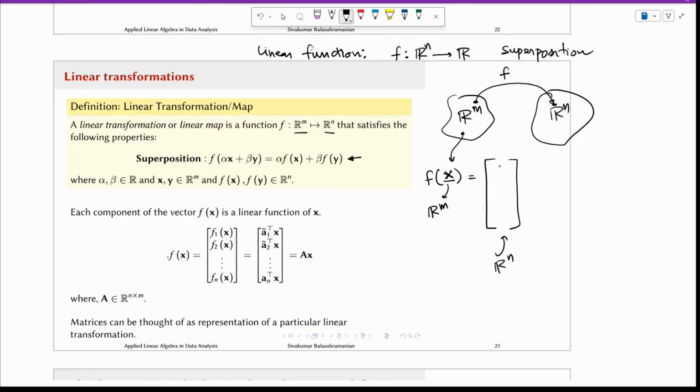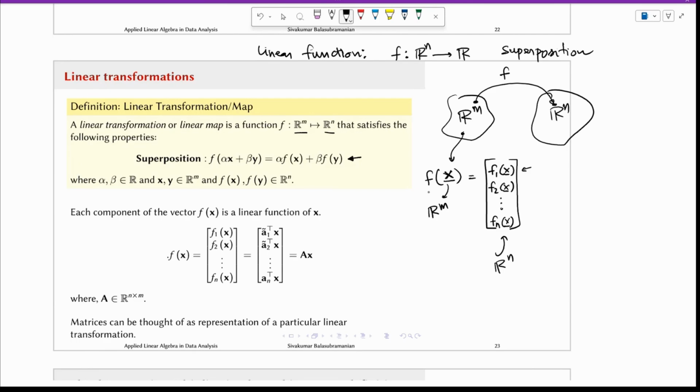And each element would then be some function like this. So you take the values of X, do some operation, and then produce the first element of f of X. You take the elements of X, do another set of operations, compute the second element of f of X, and so on and so forth. That's essentially what I've written here.